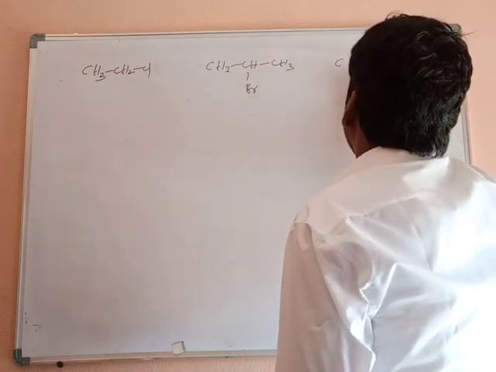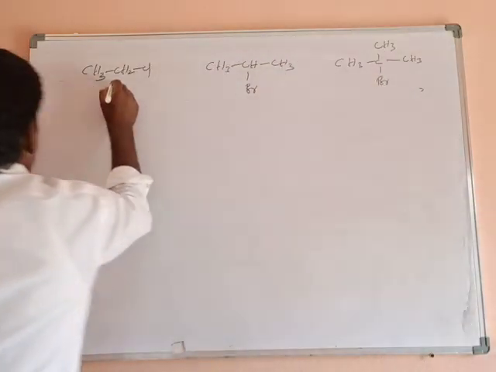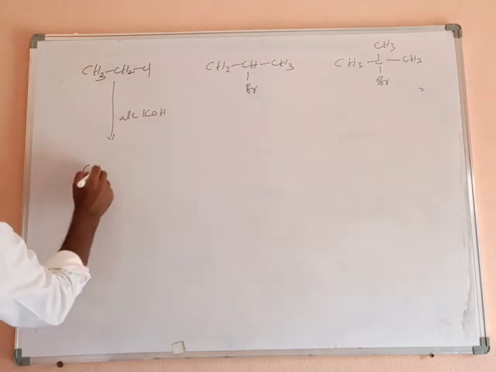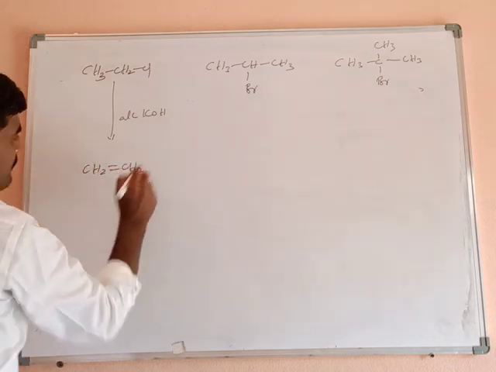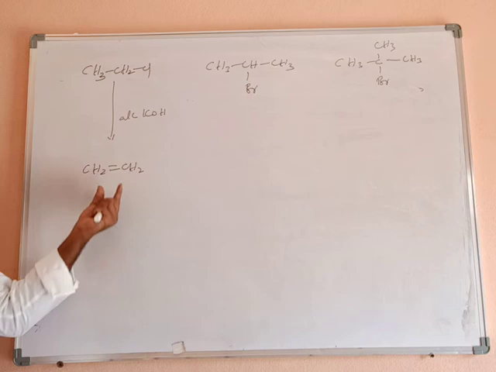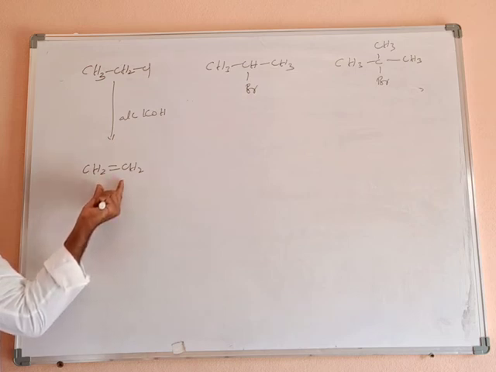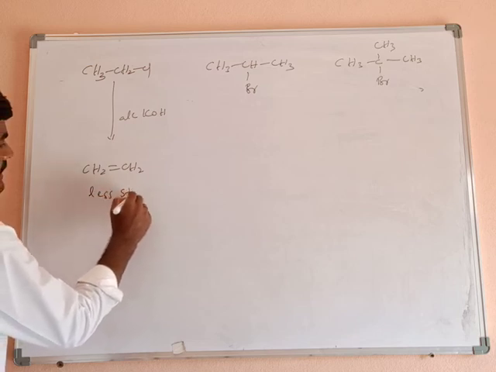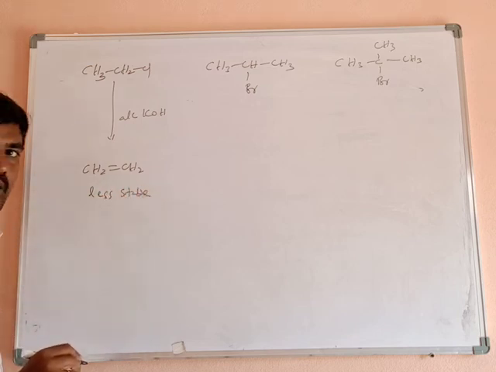This is a tertiary butyl bromide. What happens when boiled with alcoholic potassium hydroxide? We will get CH2 double bond CH2. There are no substituents. The least substituted and least stable alkene will form.